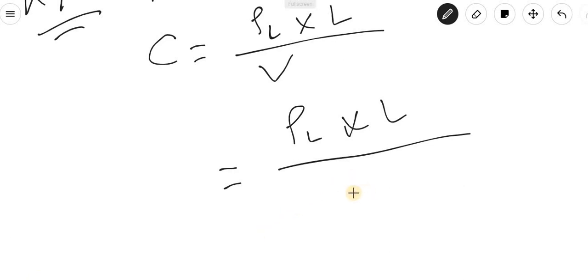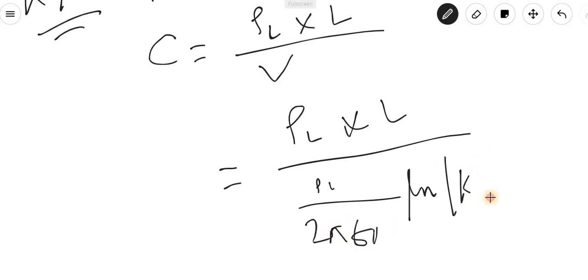V is nothing but rho L by 2 pi epsilon naught ln K.